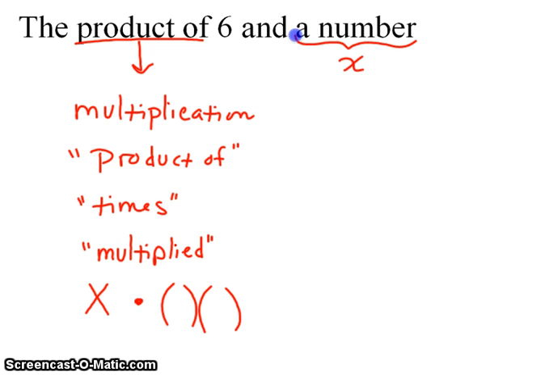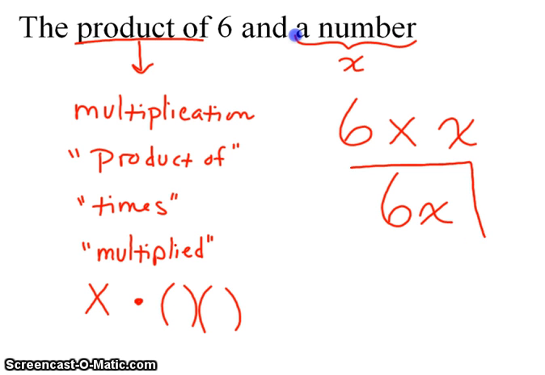You could write 6 times x, but we don't really write it that way. If you just write 6x, that means 6 times x. Whenever you see a number next to a variable like that, it indicates multiplication.